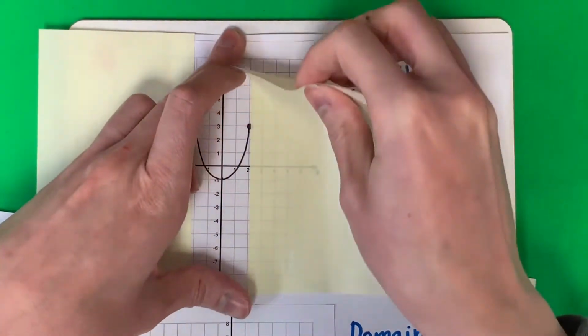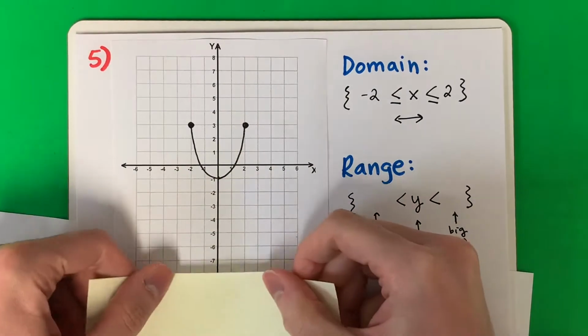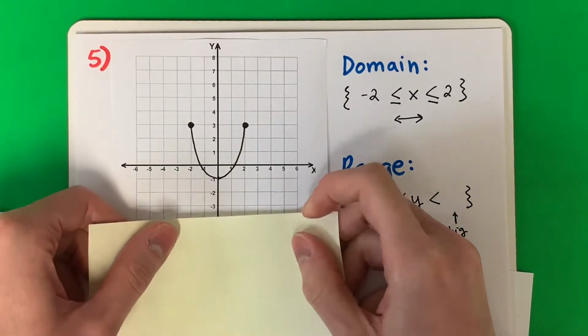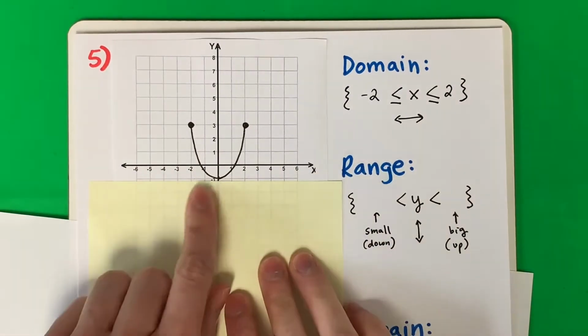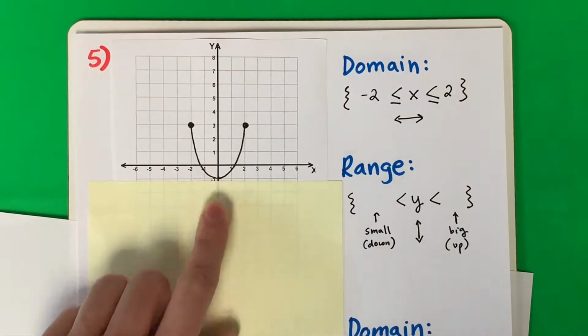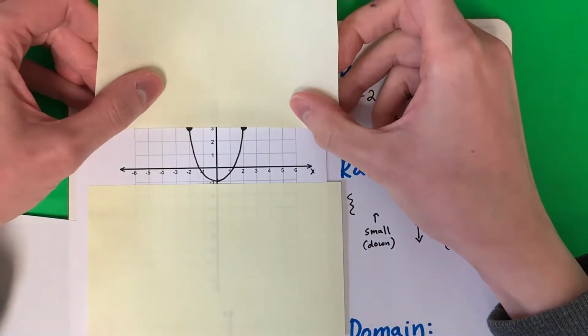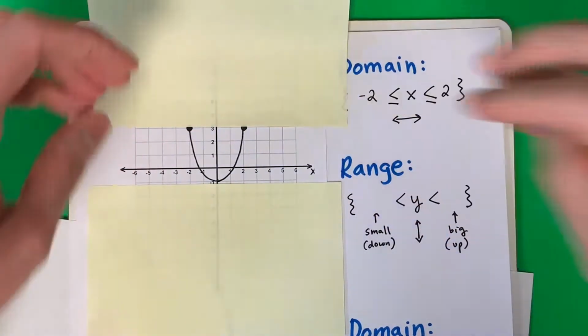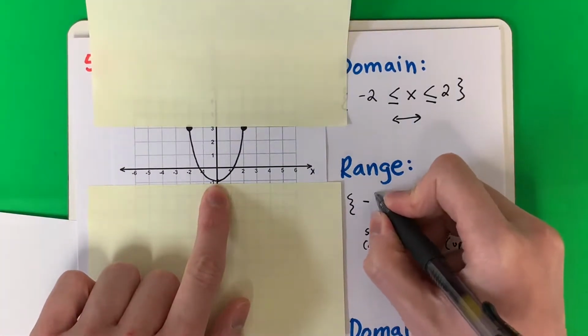So let's go ahead and do our down first. Now, where is the down? So you're going to do this until it touches the graph, which is right over here. This is my down. And then my up, where does it touch the graph? Right over here at +3. So my down is -1.